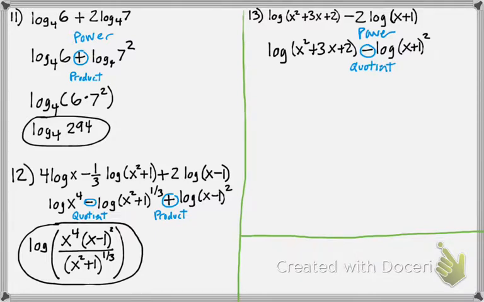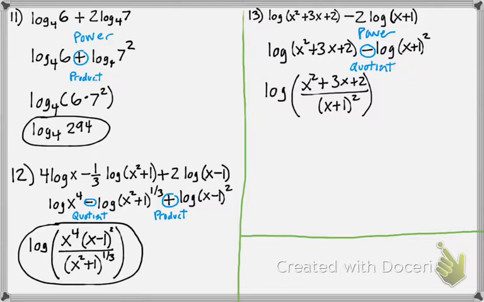So when I combine these, this is going to be log of x squared plus 3x plus 2 all over x plus 1 squared.